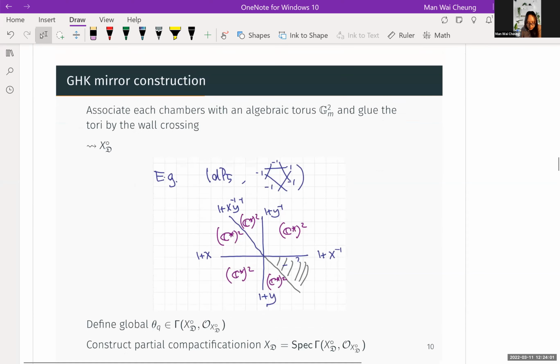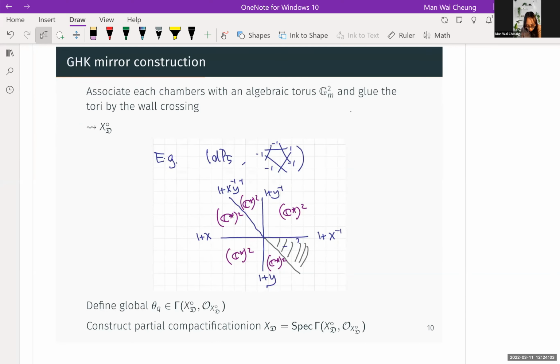This is what Gross-Hacking-Keel's work shows as well: this collection of theta functions will form an algebra. And then as algebraic geometers, which they are, we have an algebra, we take the Spec of it, and that is the proposed mirror. So you can see this is the story, and how it is tightly linked with cluster theory as well.